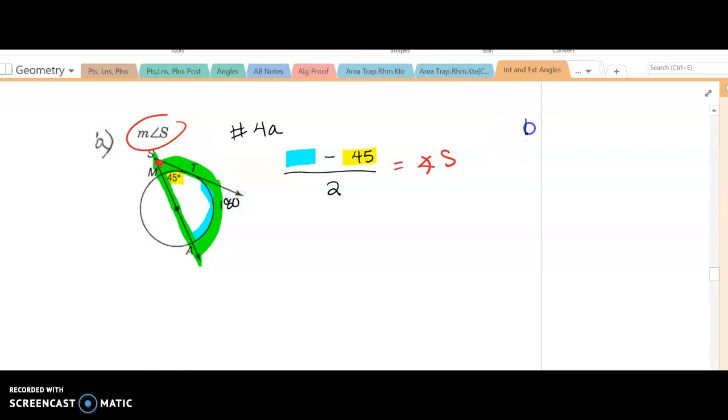So then you're going to take 180 minus the 45 in yellow to get 135 for this blue portion. So we're going to have 135 minus the 45. That gives us 90, and then we divide that 90 by 2 to get angle S to be 45 degrees.